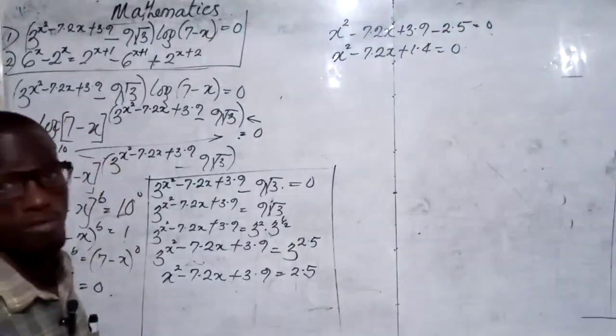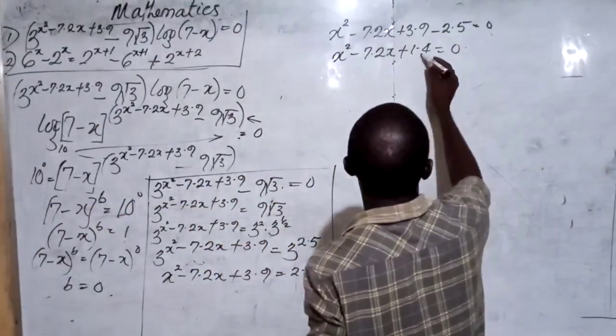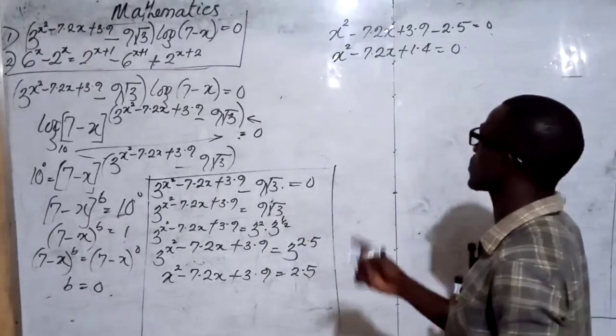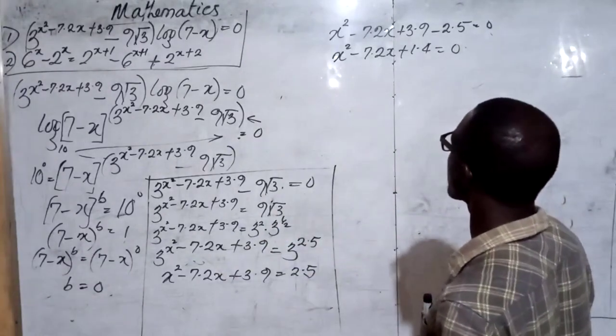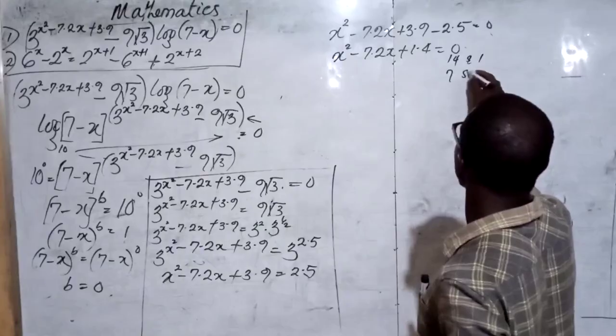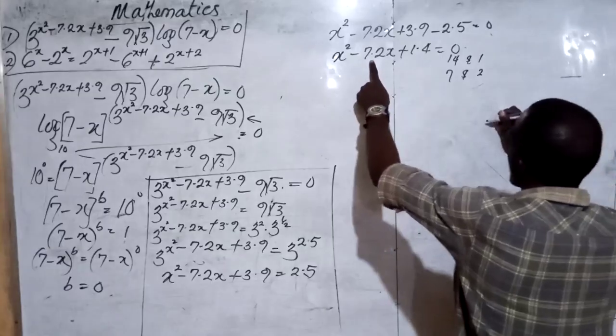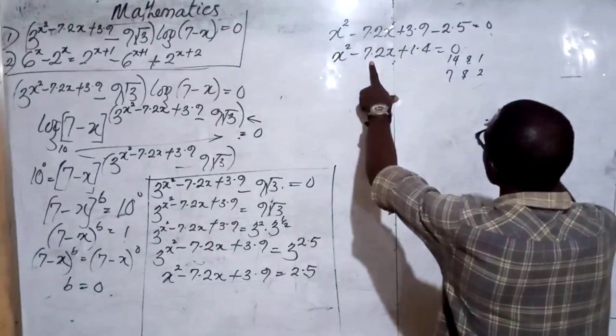All right, so we can solve quadratically. So we look for the factors of 1.4. The easy way to do this is just take the multiples of 14, which are 14 and 1, 7 and 2. Because it's fractional, let's make one of it a simple fraction that we can use.